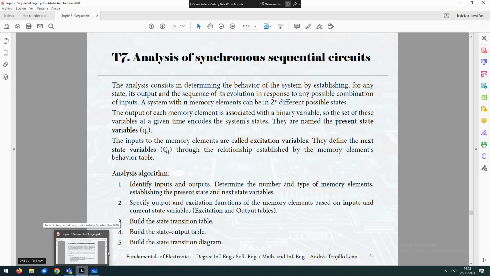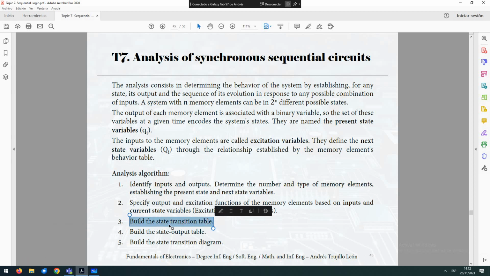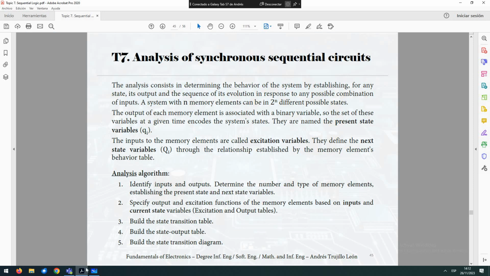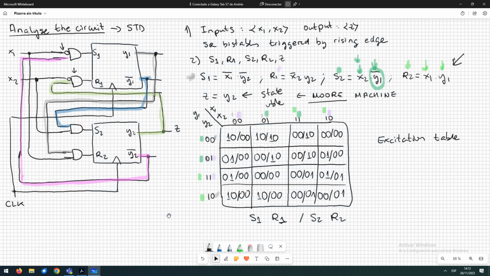So we have to go to step 3 in which we build the state transition table. This is the transition table that we are used to build. The transition table is going to have the same size as the excitation table, as you can remember, but instead of having here the inputs of the bistable, we have the next state values.